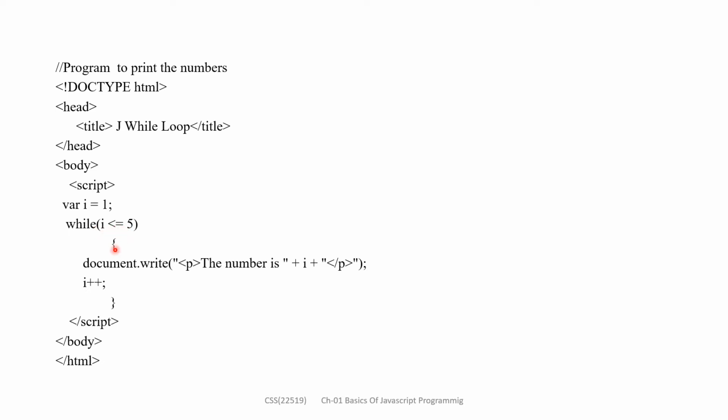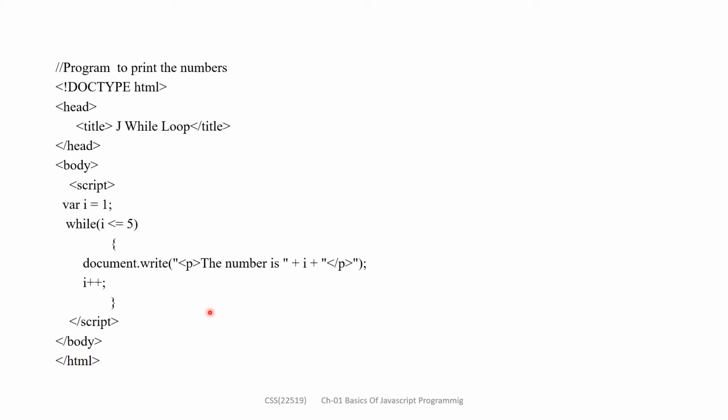And in the opening and closing curly braces, there is a statement document.write the number is i, and after that i plus plus, which means increment the counter. After writing this code, the script tag should be closed. After that, the body tag and the HTML tag should be closed.